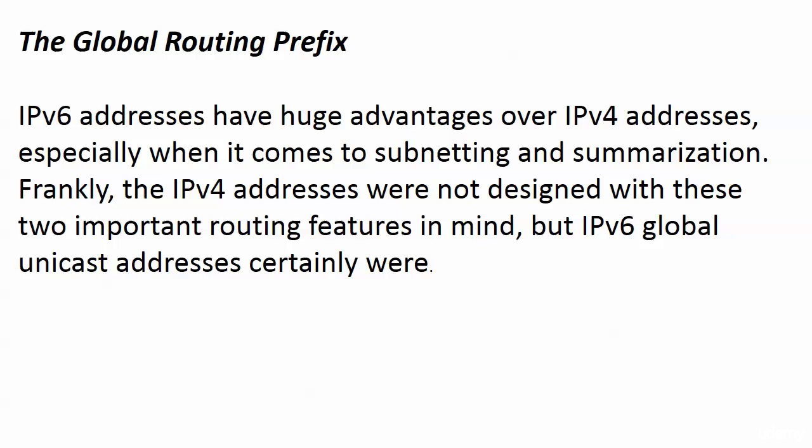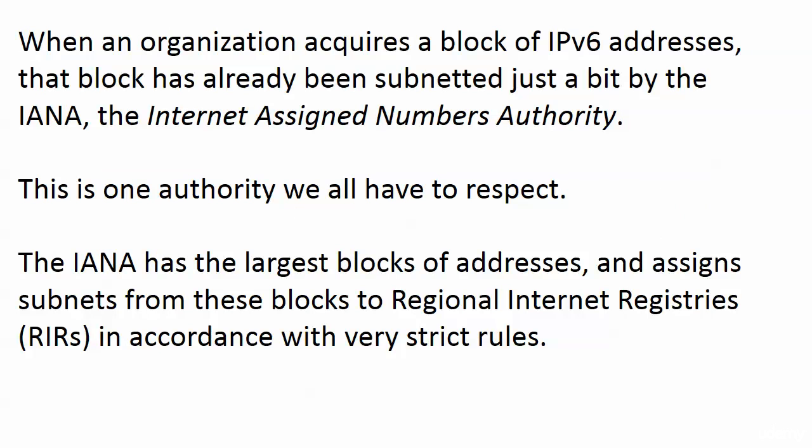We'll do summarization later. But it's a little clunky, especially once you start working with version 6. You won't even know there's a problem with version 4 until you work with version 6 subnetting and you go, oh, that was easier. Because frankly, version 6 was created with subnetting and especially summarization in mind. And that's where our global unicast addresses begin to come in.